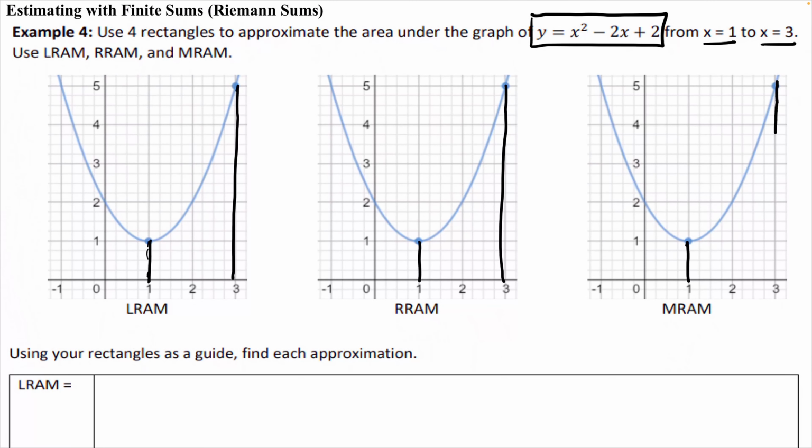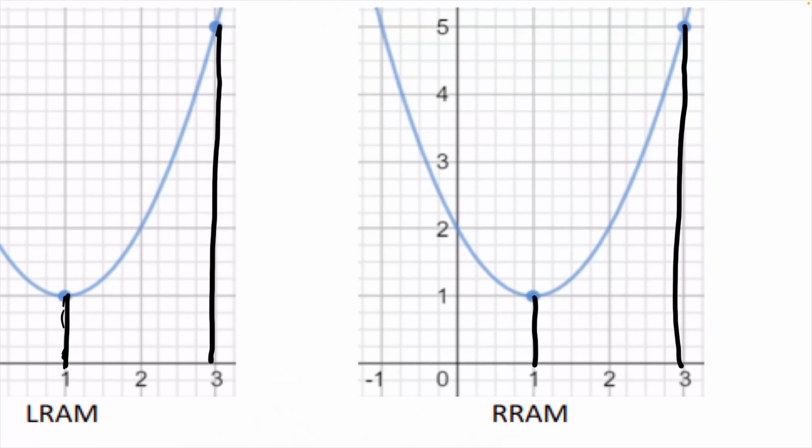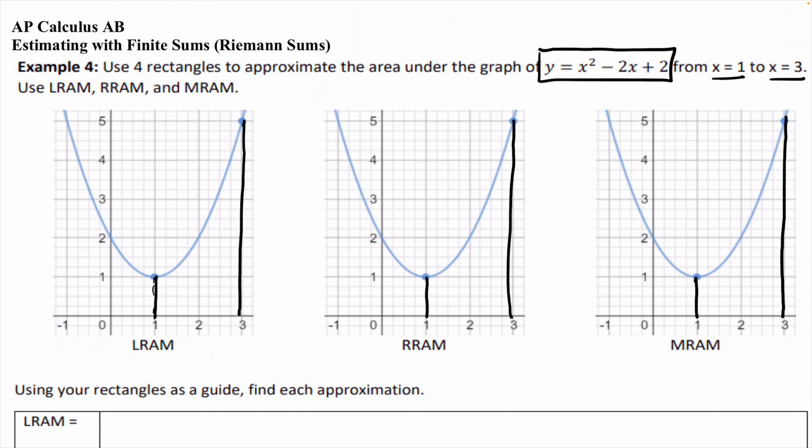Nothing before, nothing after. So it says using 4 rectangles. So now we're going to use 4 rectangles to cover this area between 1 and 3.